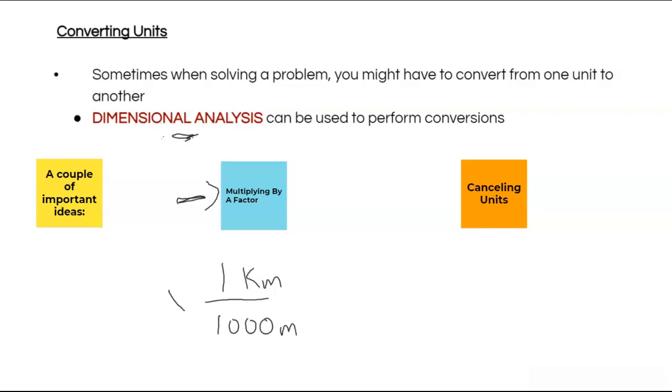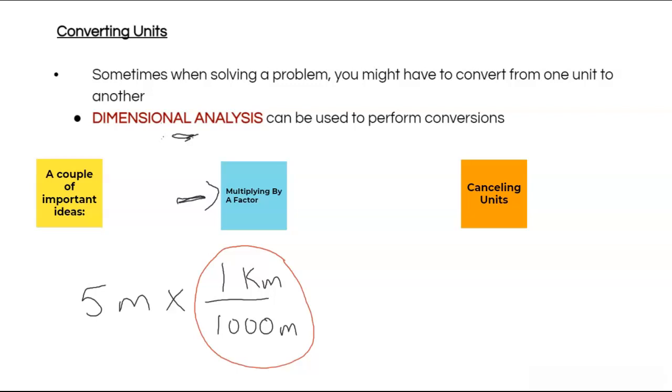So let's say I have 5 meters and I want to convert that into kilometers instead. I know that by multiplying it by this factor, I'm not changing the size of the measurement, I'm just changing the unit, because really a kilometer is equal to 1,000 meters. Those two values are equivalent, and so I'm not really changing the measurement, I'm just changing the unit of the measurement. So that's the first part.